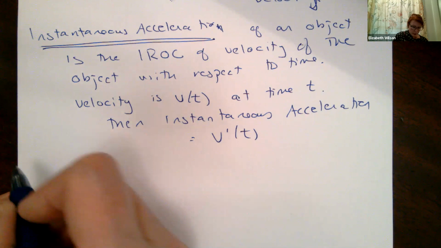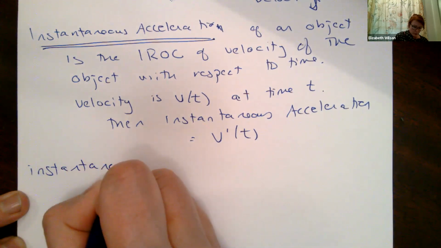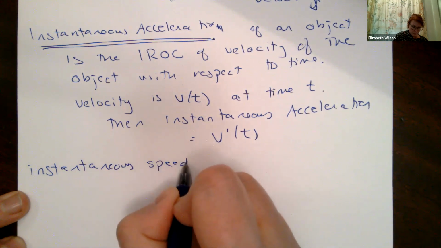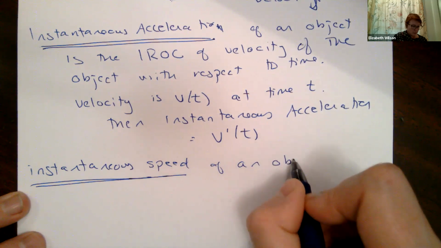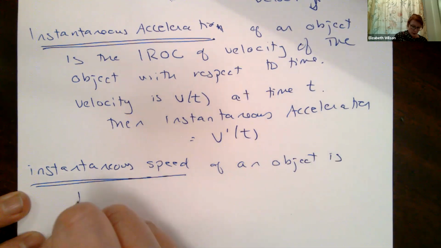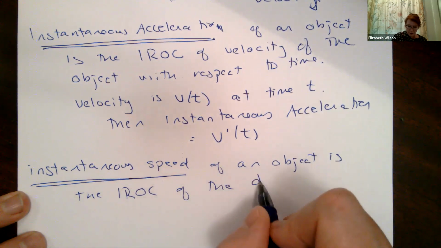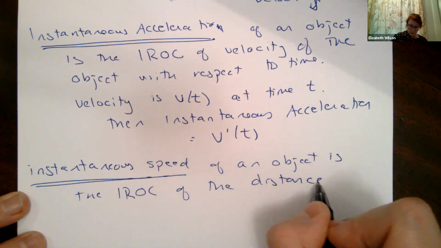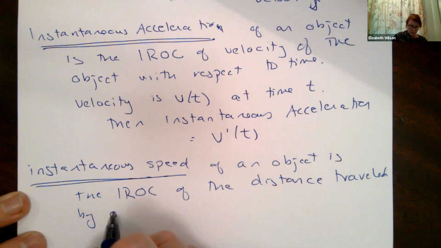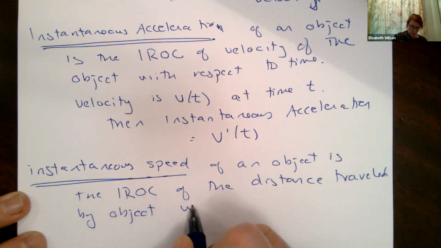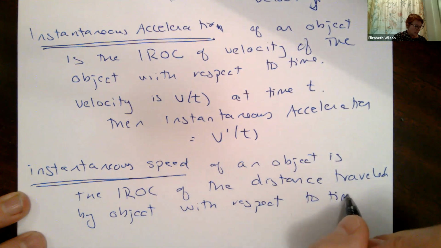Talk about speed really quick. Instantaneous speed of some object is the IROC of the distance traveled by the object with respect to time.